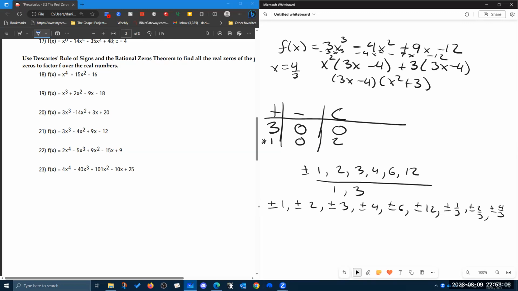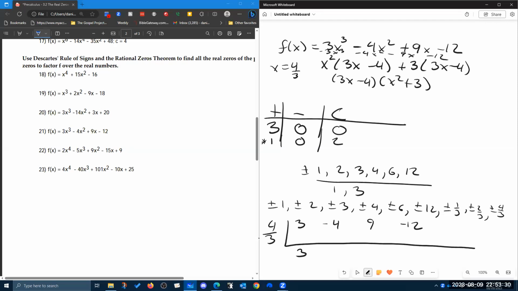I don't need to list those again. And it is going to be positive 4/3 that I know is going to work from my other technique that I did before. 3, -4, 9, -12. You may also get that from your calculator if you know how to do that.